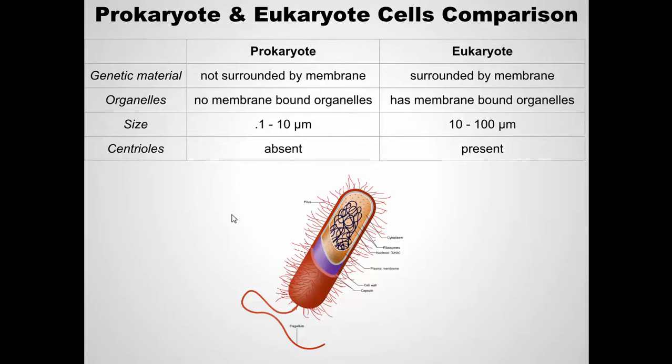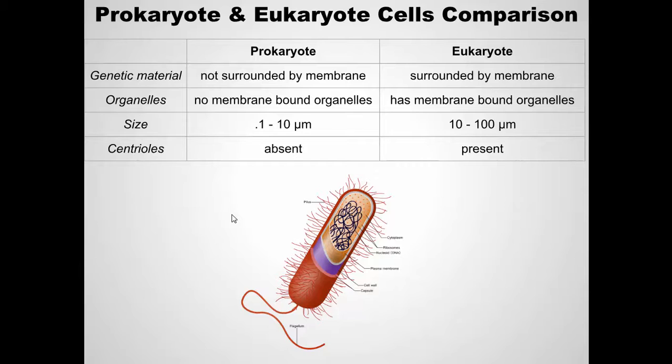So if we compare prokaryotic cells and eukaryotic cells, prokaryotic cells are the simple cells. Bacteria, archaea, those are the 2 domains that are prokaryotic cells. So they don't have a nuclear membrane. They do have DNA, they do have a chromosome, but it's not located within a membrane like eukaryotic cells.